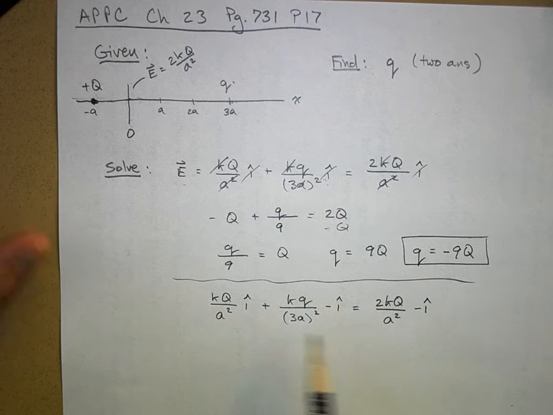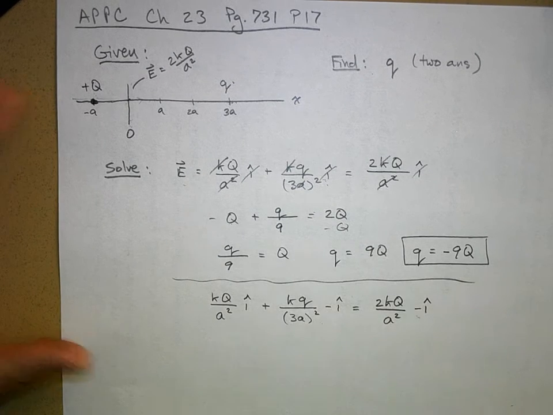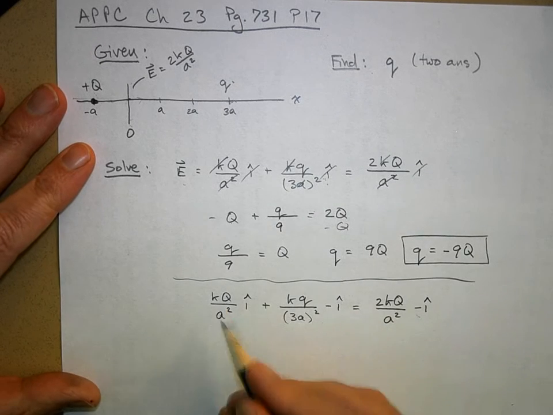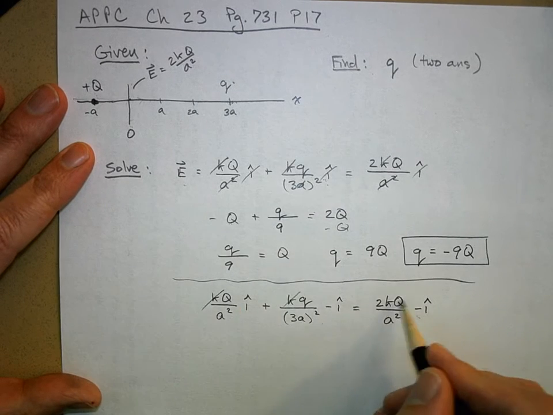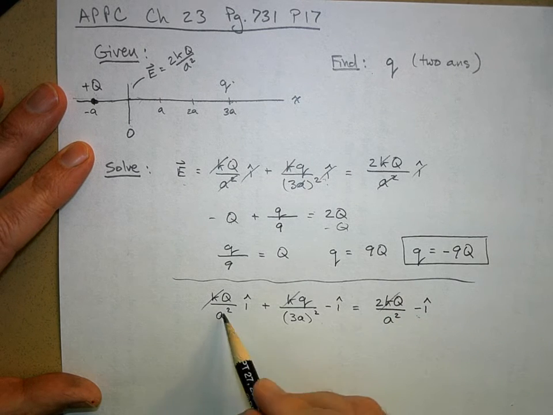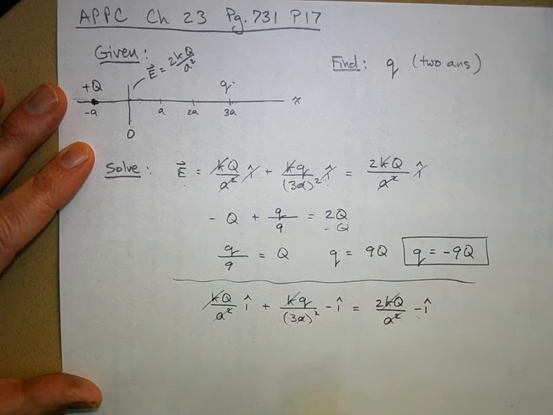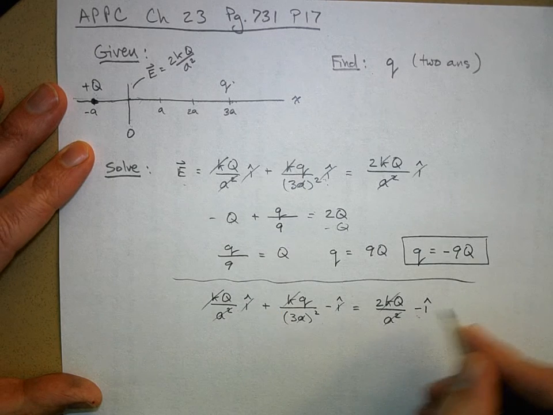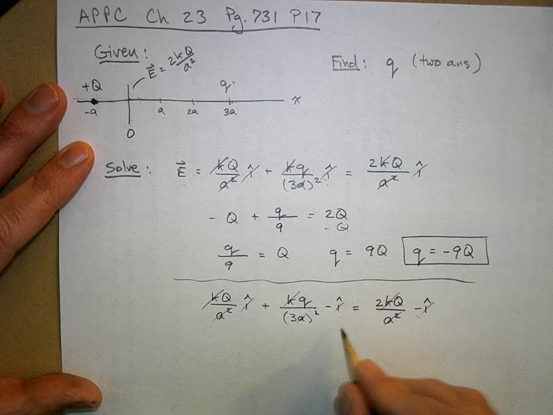So when we add these two together, again, just like the last thing, we can cancel out the k's, and we can cancel out the a's, and we can cancel out the i's, but you're not canceling out those negatives.